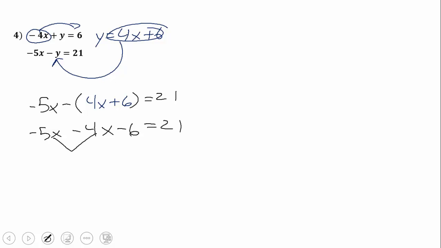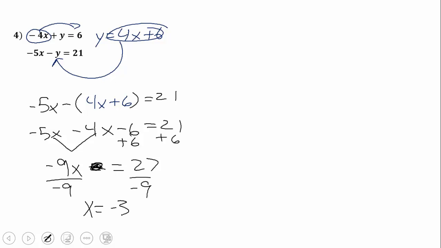Combining these two, a negative 9x is equal to, because I'm going to add the 6 to both sides, 27, divided by a negative 9, x equals negative 3. So in my ordered pair answer, x is negative 3.